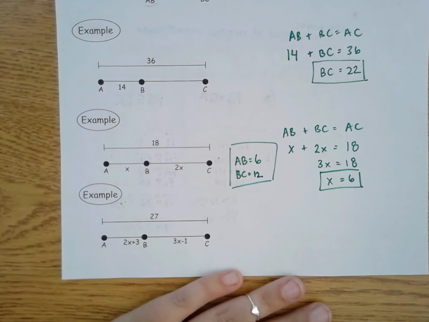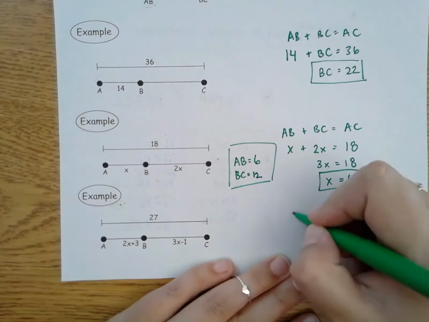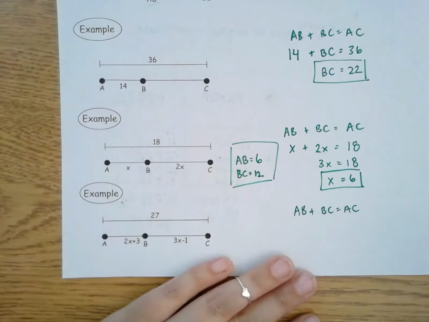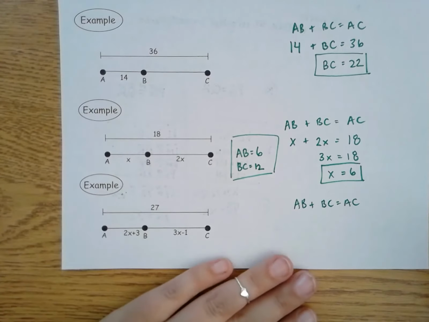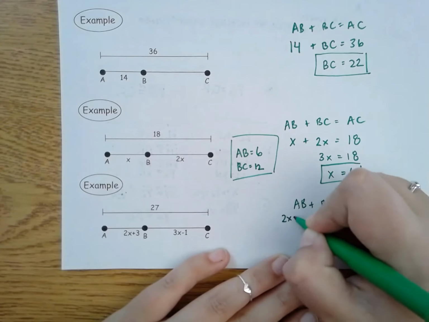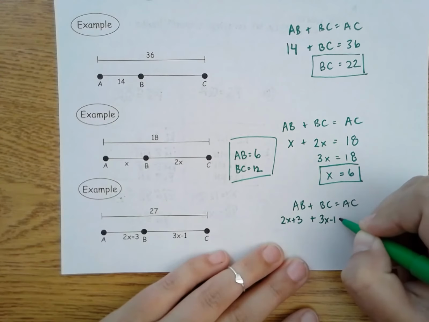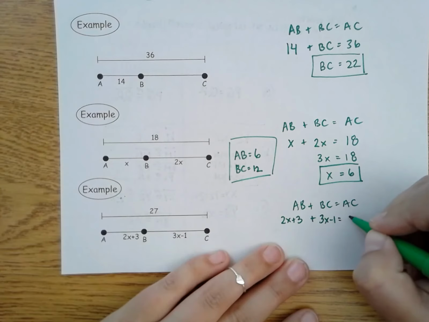How about the next one? Anybody want to set it up? Okay, so our guide is there. So then what's my next line going to say? 2x plus 3 plus 3x minus 1 equals 27.